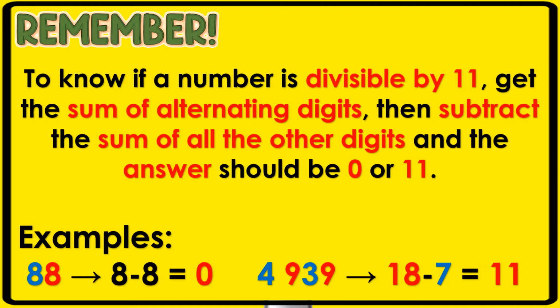Why? Because 8 minus 8 is 0. 4,939. Because 9 plus 9 is 18. 4 plus 3 is 7. 18 minus 7 is 11.